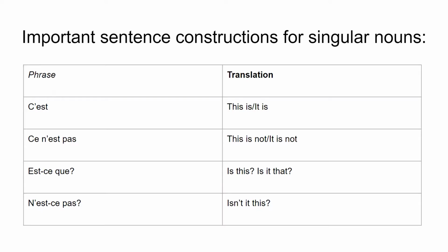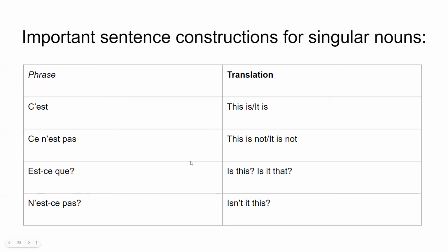In today's lesson, we'll be learning some basic sentence constructions in French for singular as well as plural nouns. Beginning with singular nouns, we have four phrases that you must remember. Beginning with c'est, which means this is or it is, followed by ça n'est pas, which means this is not or it is not.